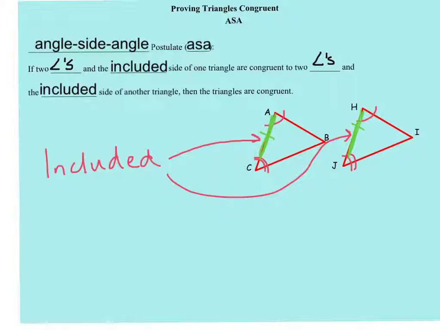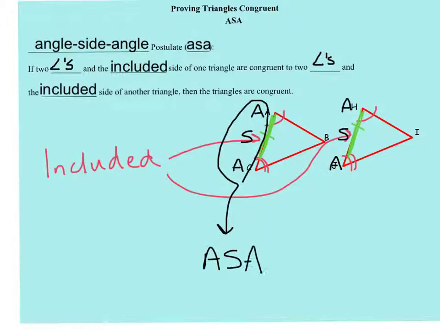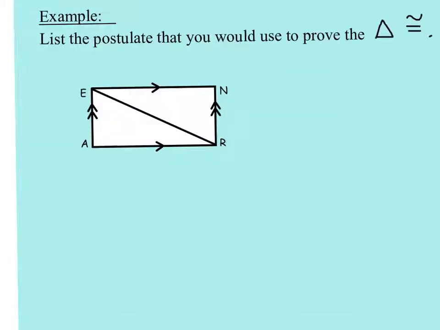If we were writing, we would show that we had an angle to an angle and a side to a side. We can see the pattern that's set up makes us choose angle, side, angle for our postulate. So right now we have three postulates that we could use. We could use the side, side, side postulate, side, angle, side postulate, or the angle, side, angle postulate. Those are the ones we've learned so far.